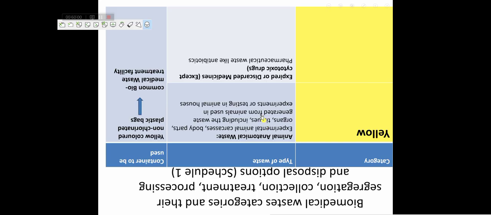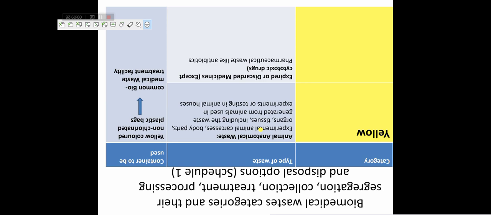You can even see here animal anatomical waste will be there. If there is experimental animal waste, their body parts, organs, tissues, including the waste generated from the animals used in experiments or testing in animal houses, these wastes of the animals will also come in the yellow bag, right?